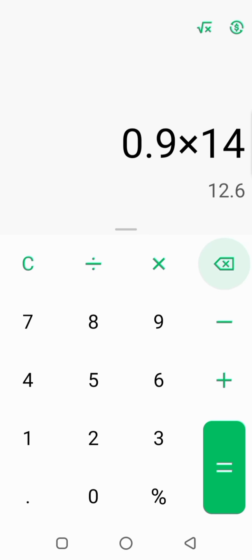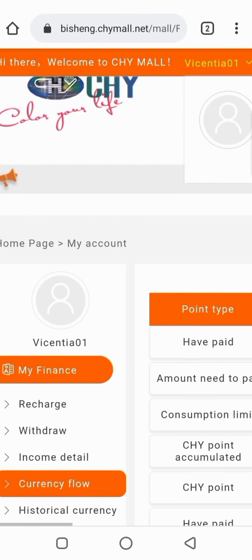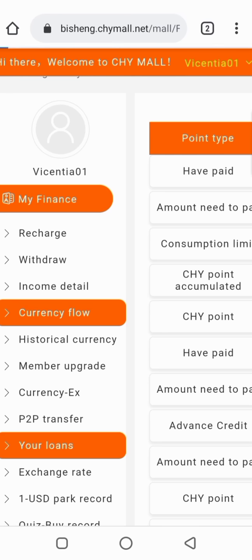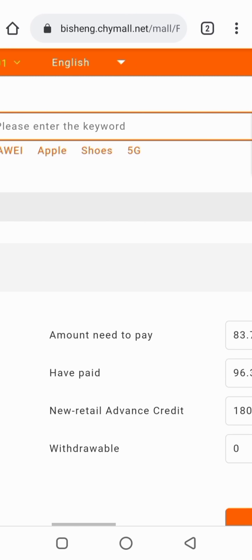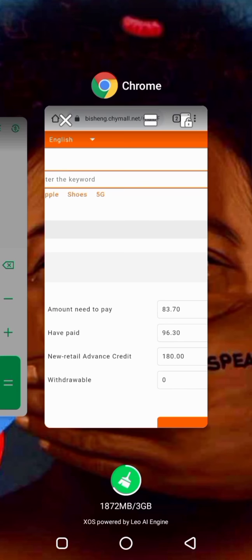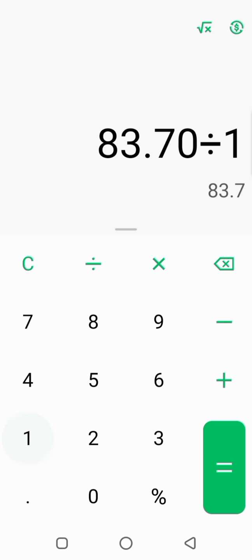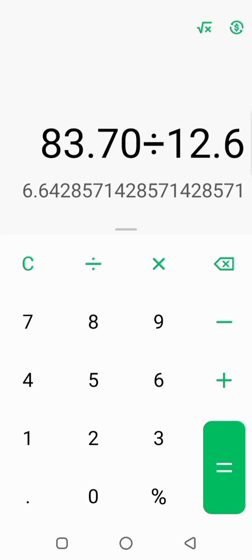If you work the calculation, this is what I'm left to pay. Amount to pay 83.70. If you work the calculation, 83.70 divided by the 12.6 the company will be taking, then in approximately 7 months, I'm going to finish paying for this loan.